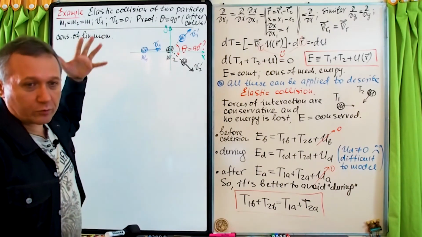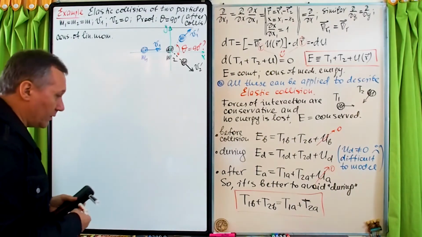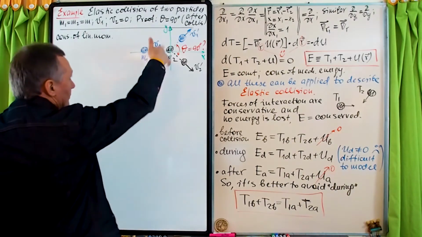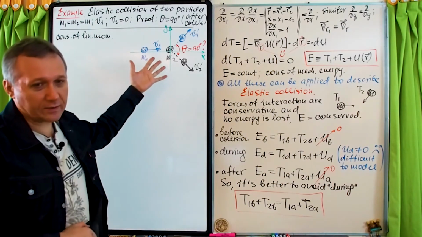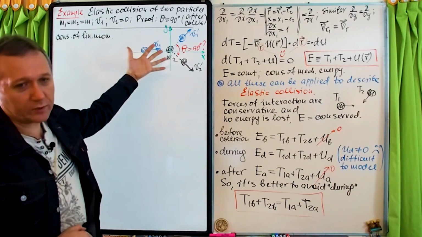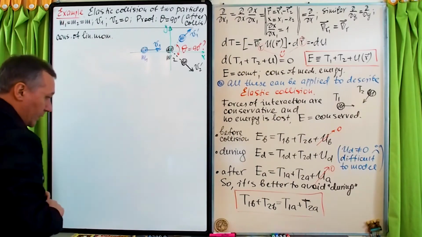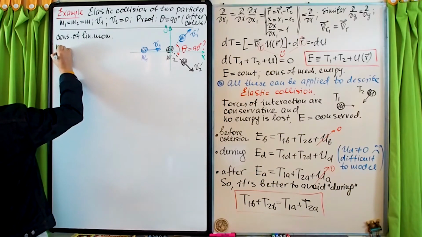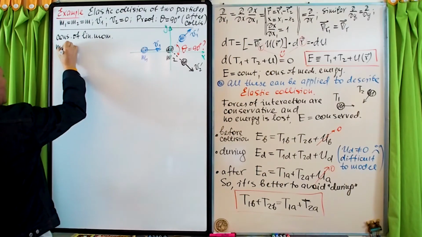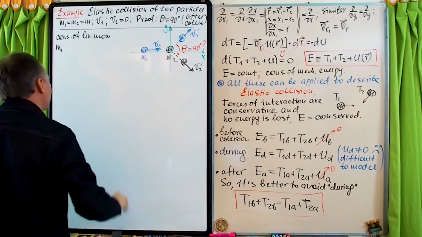I'm going to write it in vector form. In the z direction, who cares? Even then, if these balls are on the table, the normal force will just balance the force of gravity.